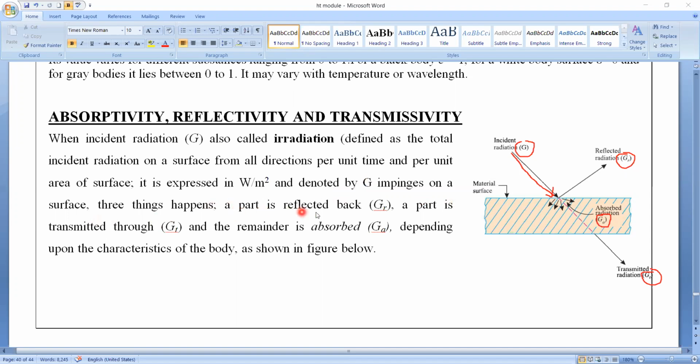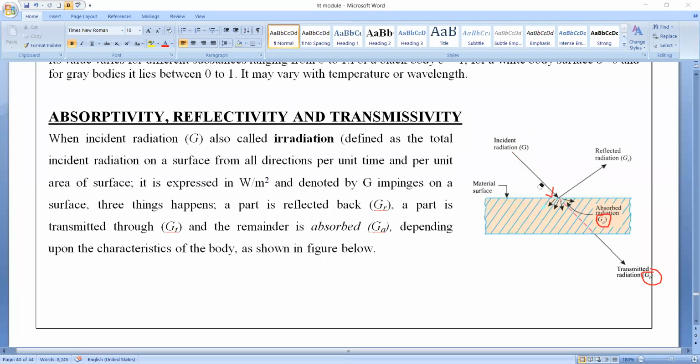A part of the energy is reflected back, given by GR. A part is transmitted, given by GT, and the remainder is absorbed, given by GA, depending on the characteristics of the body. This is shown in the figure.